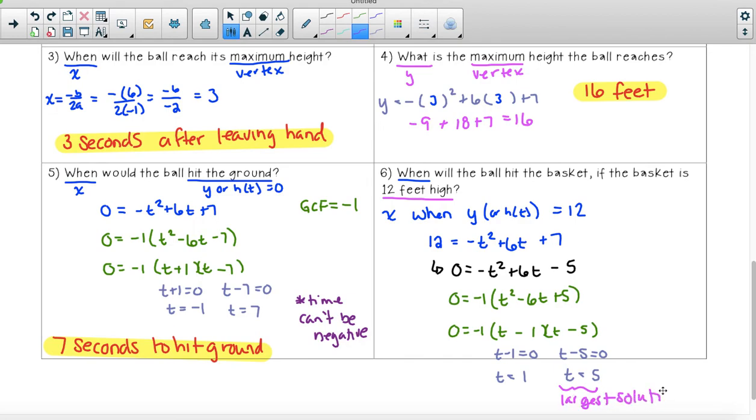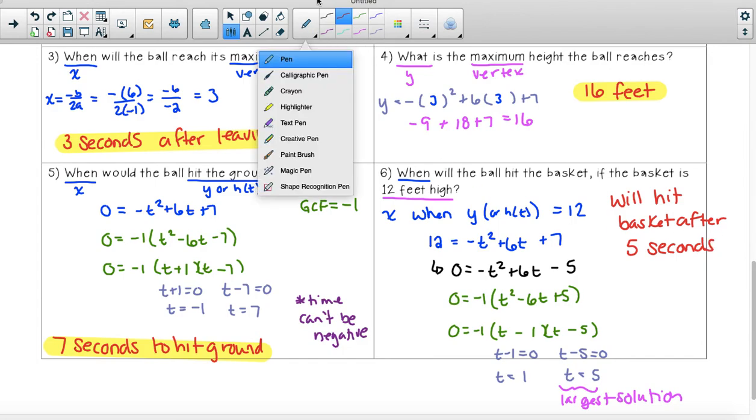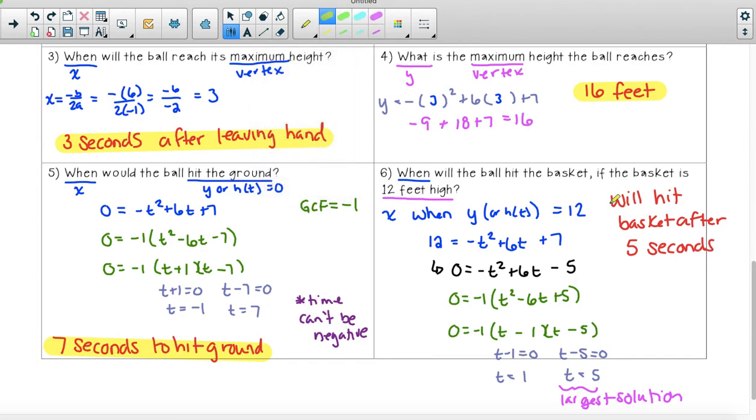So that's when it would hit the basket. The ball will hit the basket after 5, and our units are seconds for our time. The ball will hit the basket after 5 seconds.